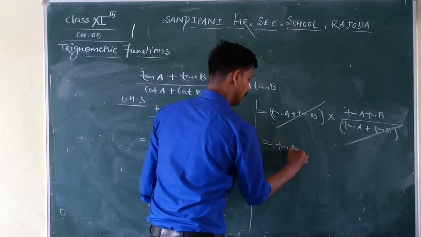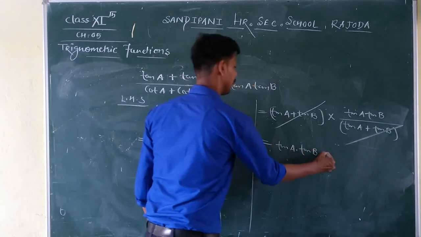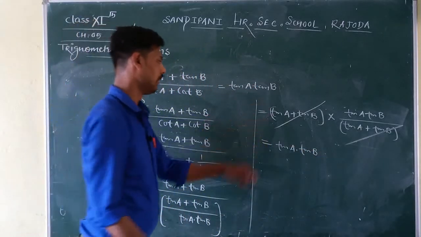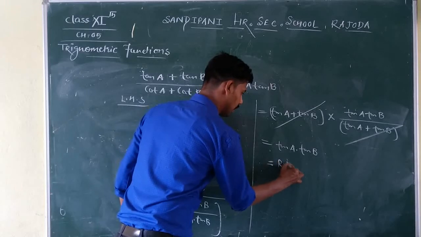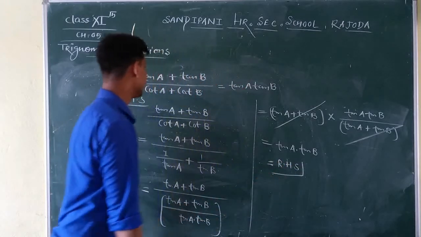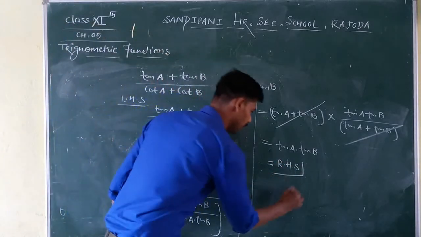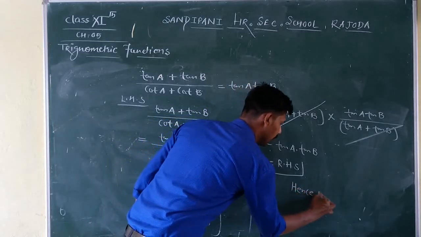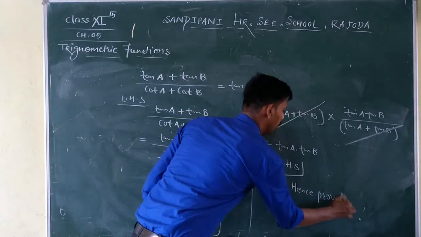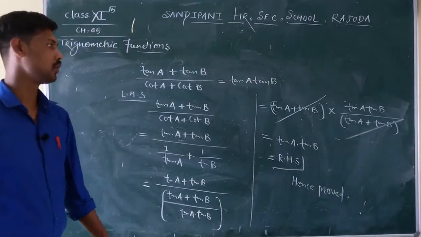Tan A multiplied by tan B, cross-check, tan A tan B is the RHS. So when the LHS and RHS are the same, we can write hence proved. I hope, students, you are getting the proper solution.